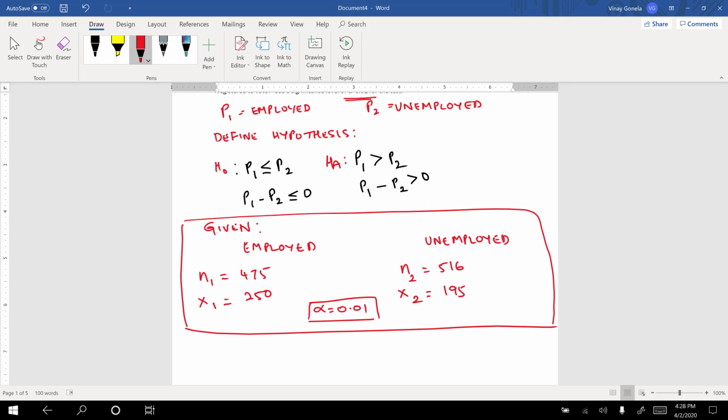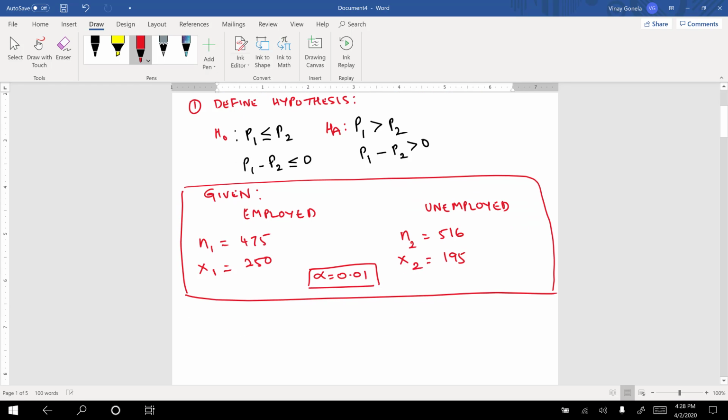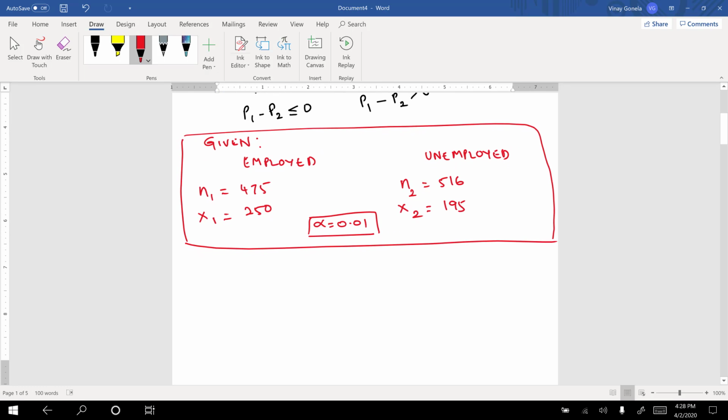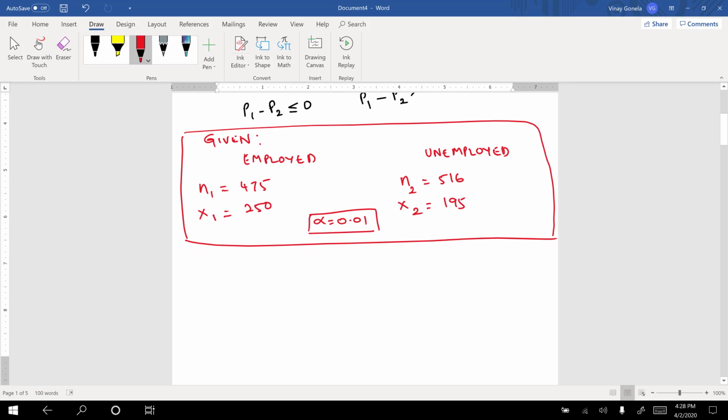So the second step of hypothesis testing, this was first, is to compare the test statistic with the critical value.